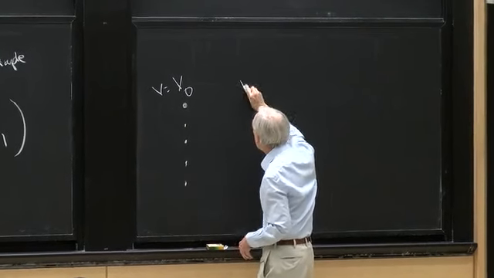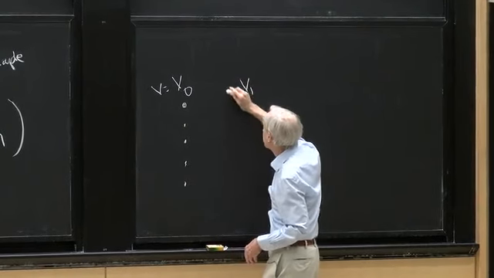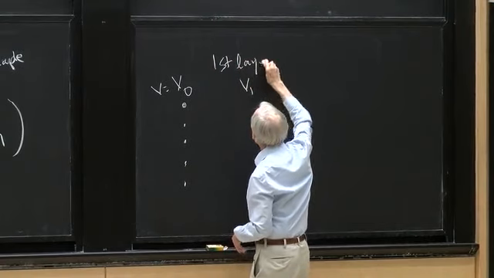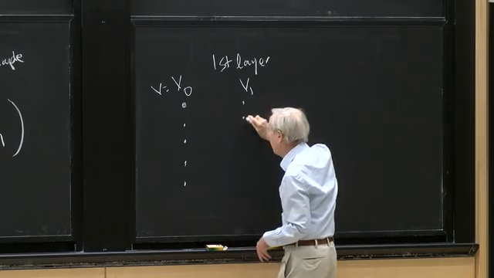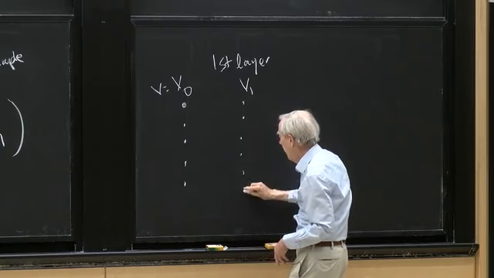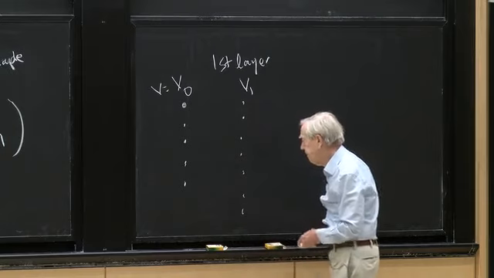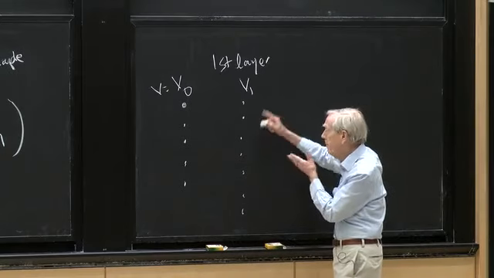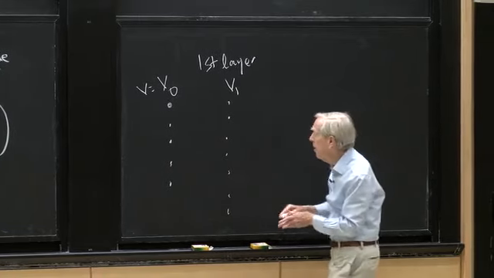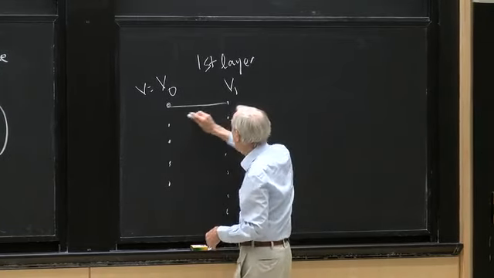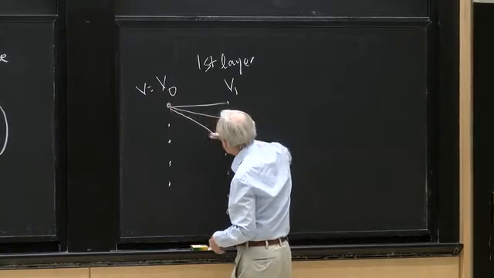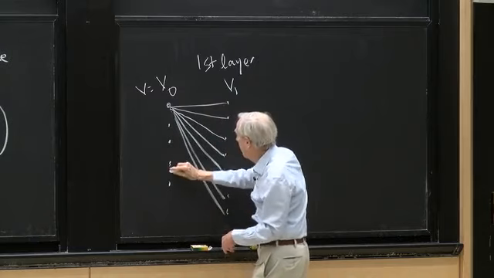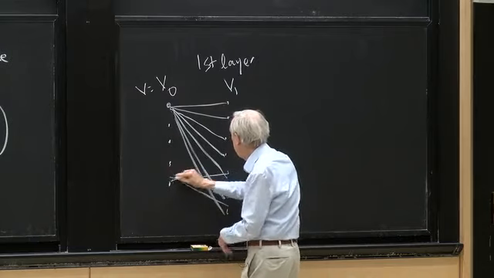Now here's going to be V1, the first hidden layer, and that can have a different number of components in the first layer, a different number of neurons, and then each one comes from the V's. I won't keep going here, but you see the picture.